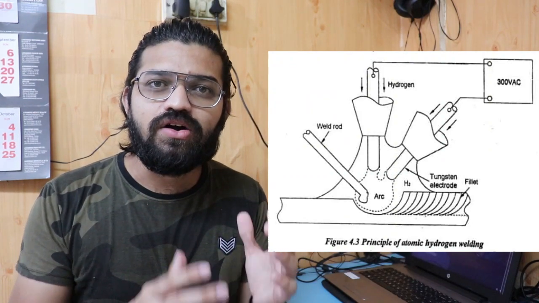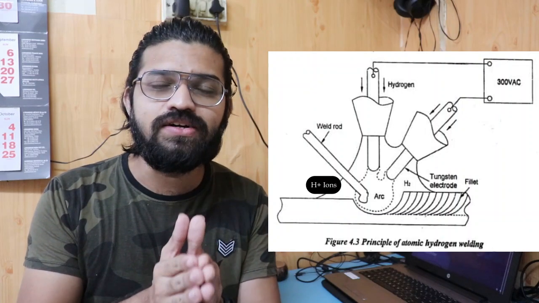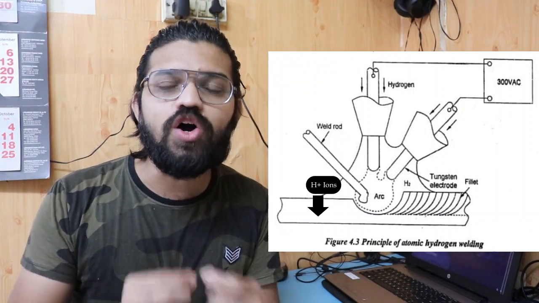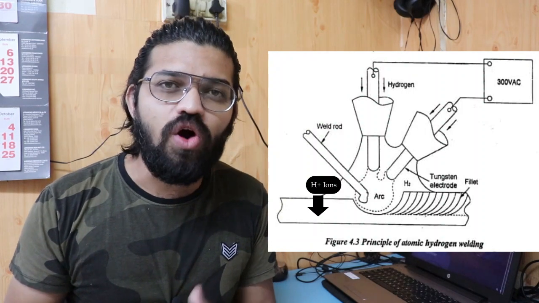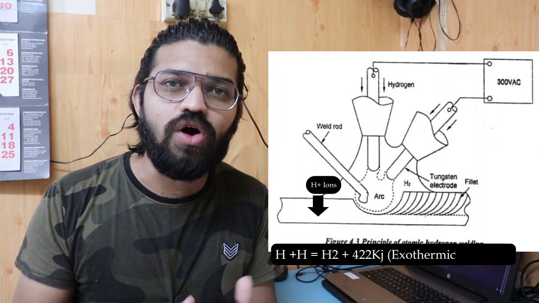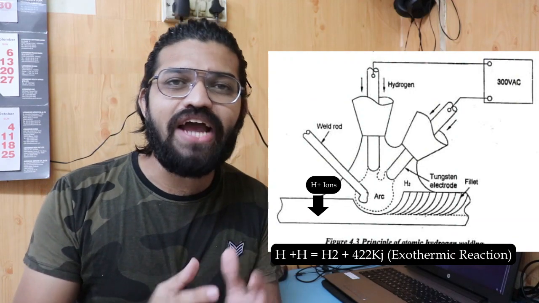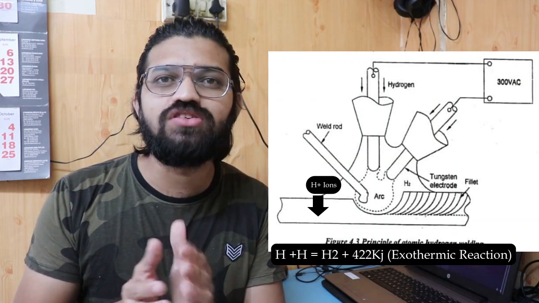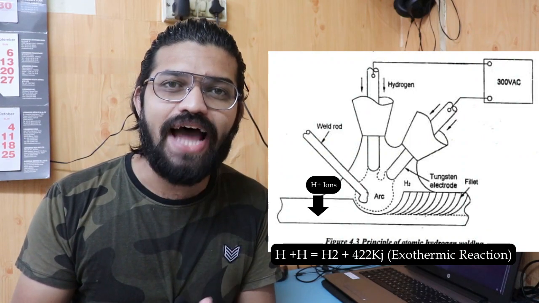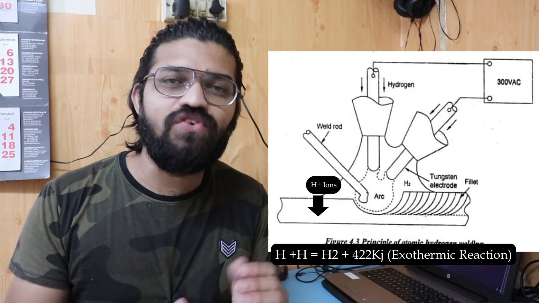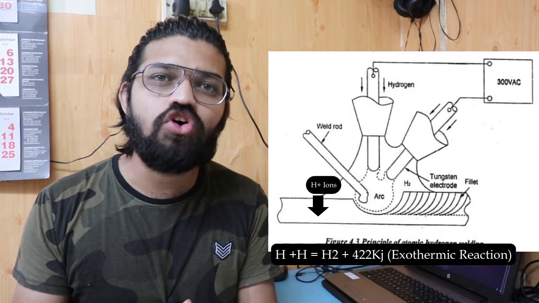Also guys, these dissociated H plus ions will react with the workpiece. When these H plus ions come into contact with the workpiece, they hit the surface of the workpiece, cool down, and combine with the other H plus ions on the surface of the workpiece. During this reaction, a large amount of heat gets liberated on the surface of the workpiece.